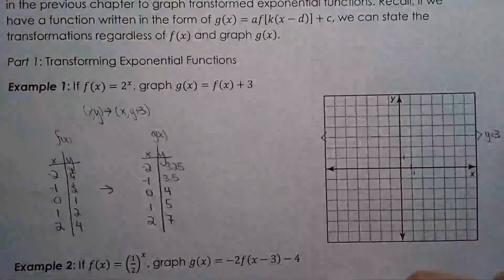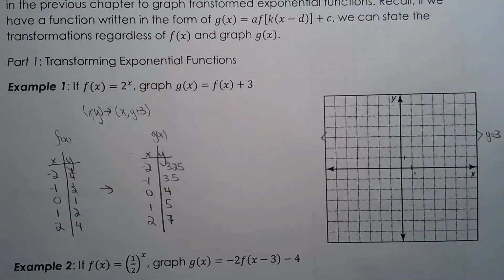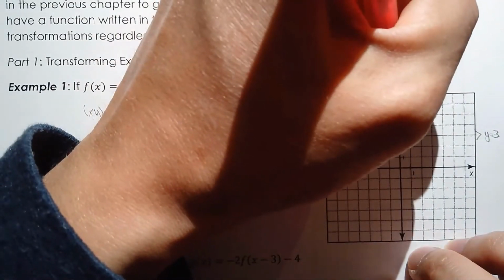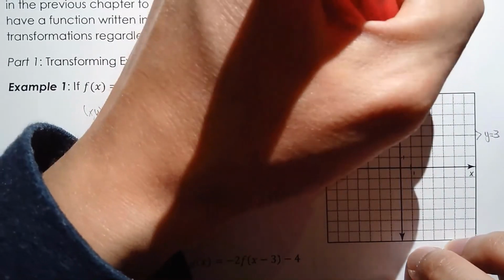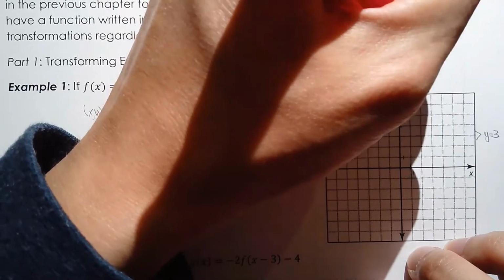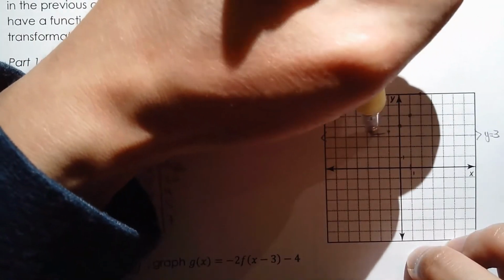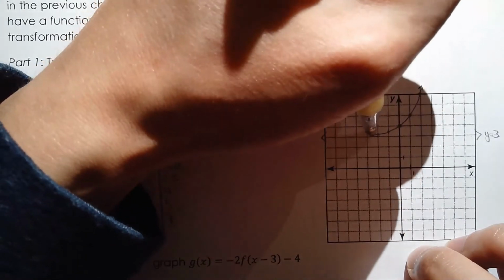All right, what is it? 4, 5, 7. Beautiful.